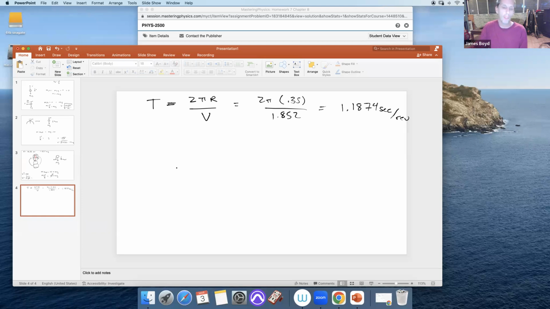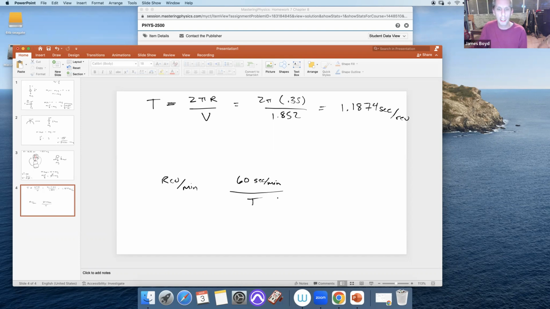Now, I want to know revolutions per minute. That means I need to take 60 seconds per minute and divide it by my period.